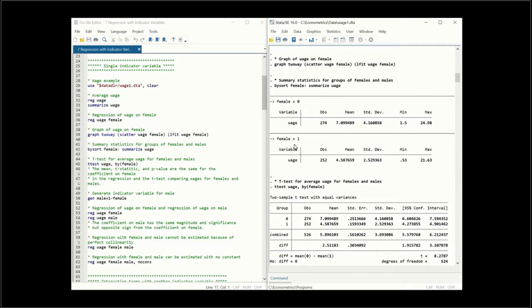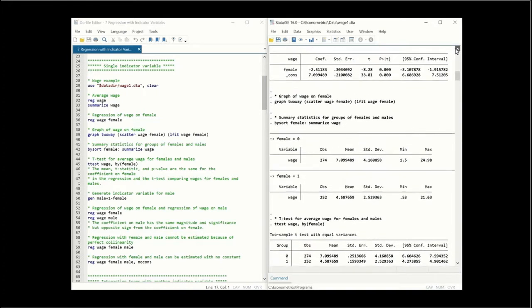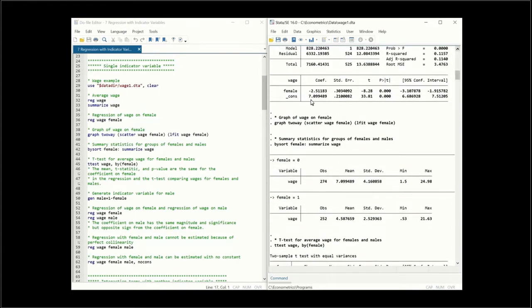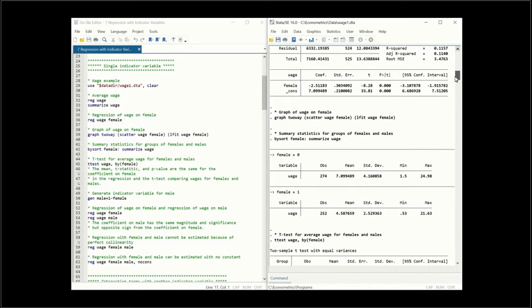And for the group of females, the average wage is $4.59. These numbers are exactly the same numbers that you will see here as the intercepts in the regression. So here is this $7.10. That's the intercept for males. The intercept for females is this number plus this number, which would be exactly $4.59.